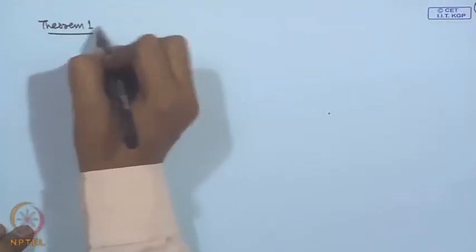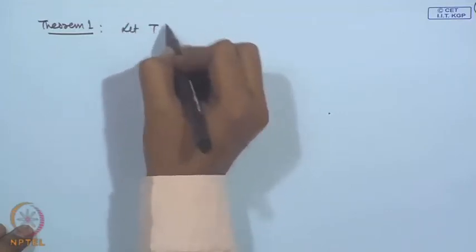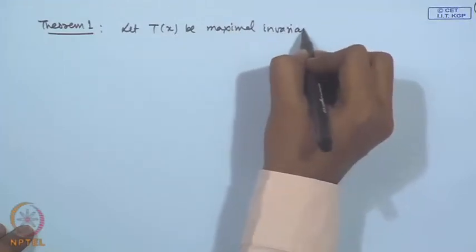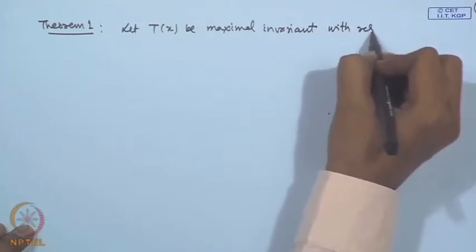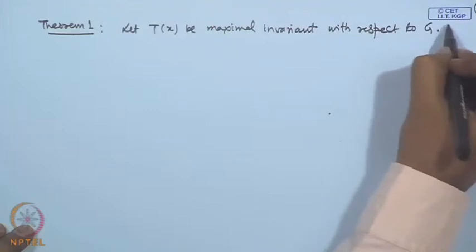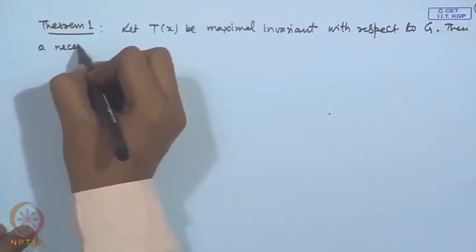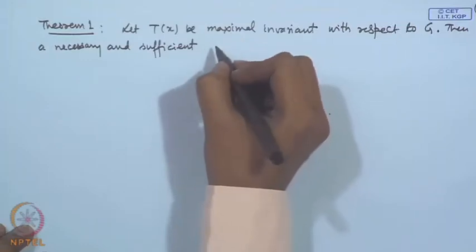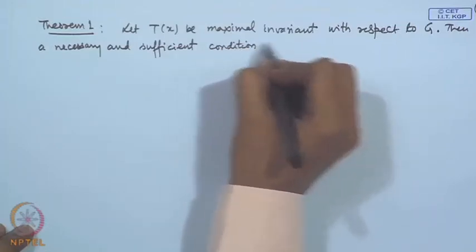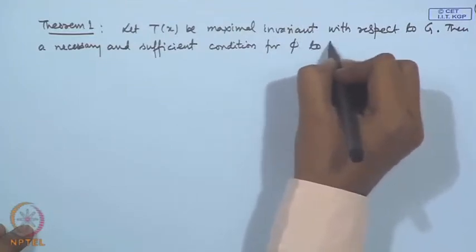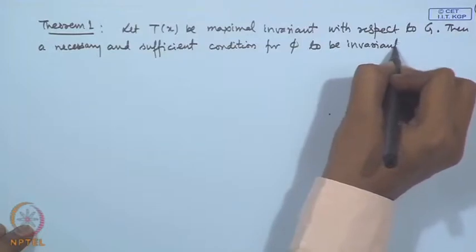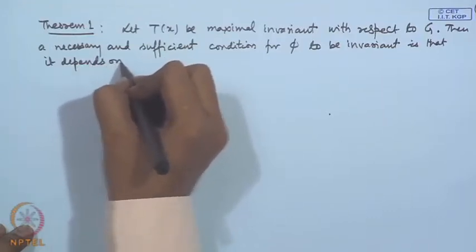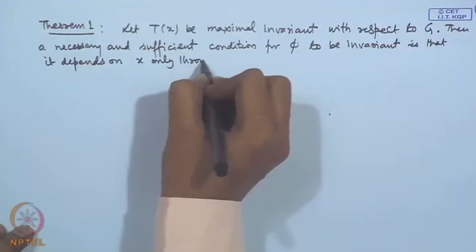I will call it theorem 1. Let T(x) be maximal invariant with respect to G, then a necessary and sufficient condition for phi to be invariant is that it depends on x only through T(x).